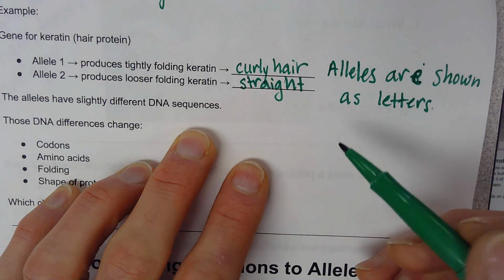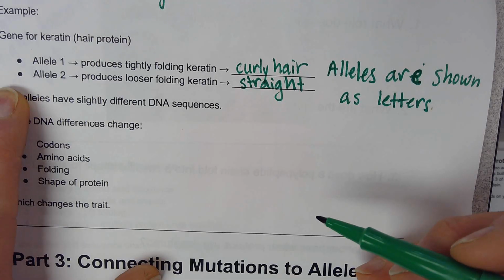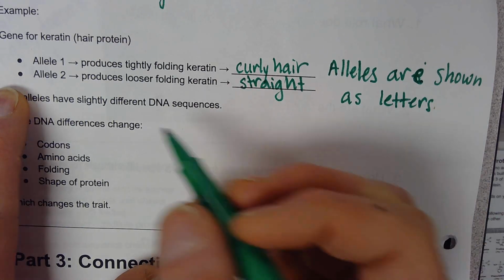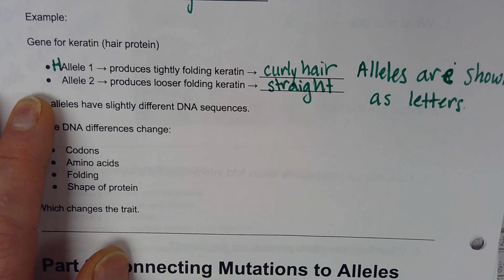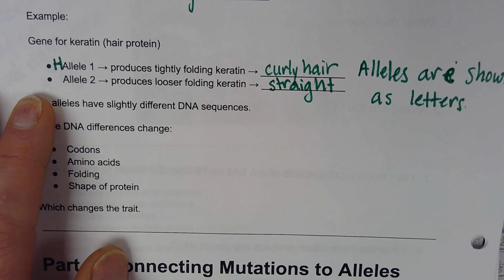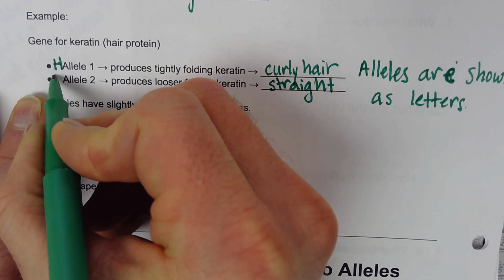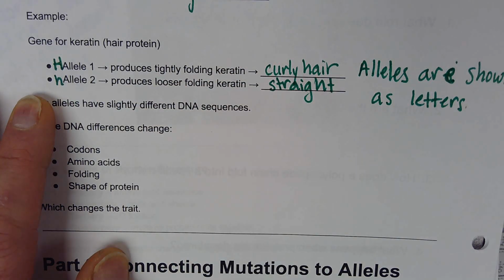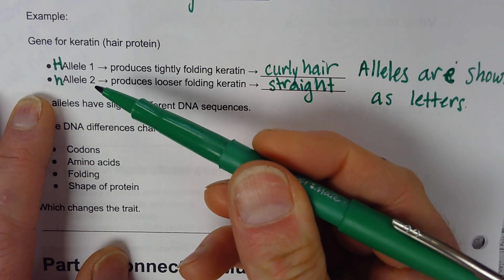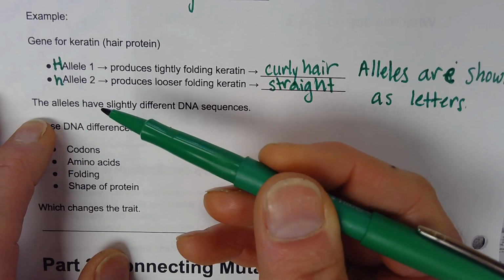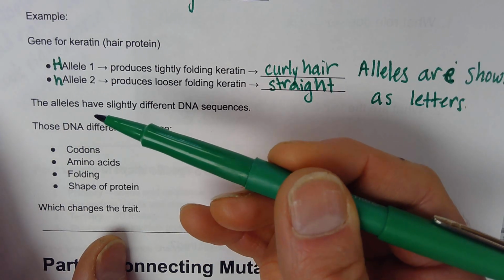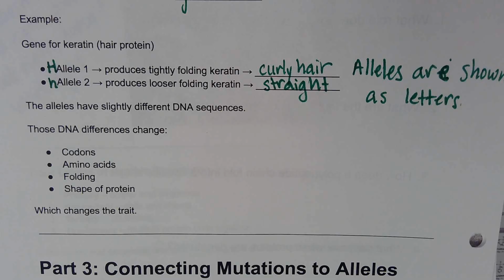Now, in this case, our allele 1, I'm going to draw as a capital H. And there's a reason it's a capital H. And my allele 2, I'm going to write as a lowercase h, but they're both H's. It matters that one of them is capital and the other one is lowercase, big versus small. That matters. And you'll see that later on.